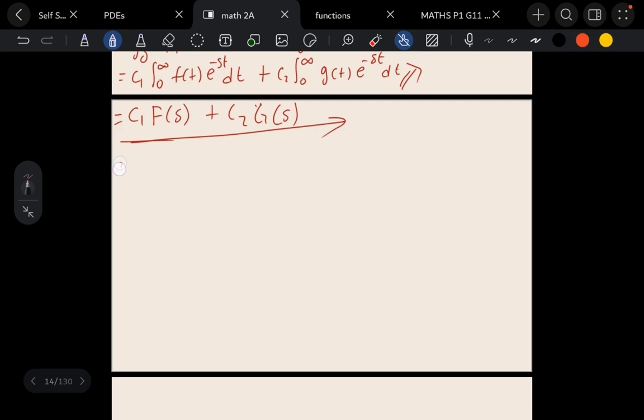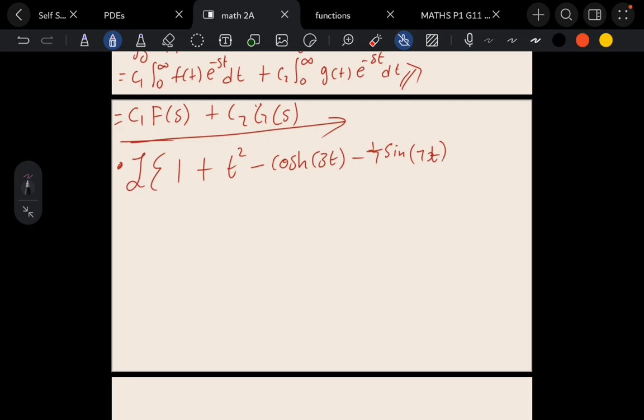An example will be, let us take the Laplace transform of 1 plus t squared minus cos 3t minus 1 over 7 sine 7t, like that.